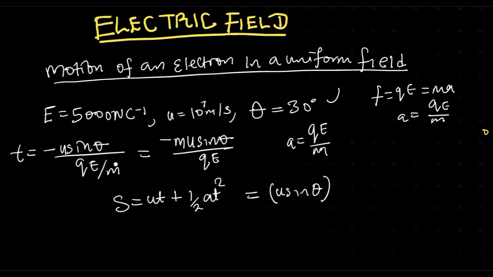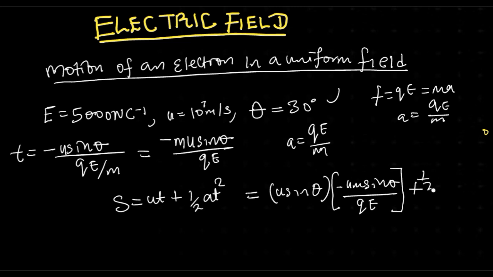Our t here has been gotten as this, so that's times minus m u sine theta over QE. Is it not? Yes. And if that is true, plus what is our acceleration?